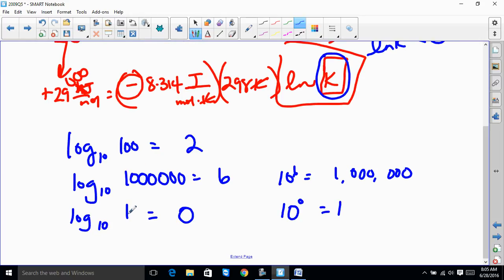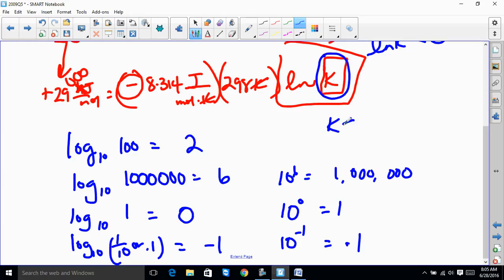And now I'm going to pick a number less than 1. So the log base 10 of 1/10, which is 0.1, a number between 0 and 1, is actually negative 1. Why? Because 10 to the negative 1 equals 0.1. And so one of the things you have to know is that when K is less than 1 but greater than 0, the log, I don't care what the base is, base e, base 10, is negative.